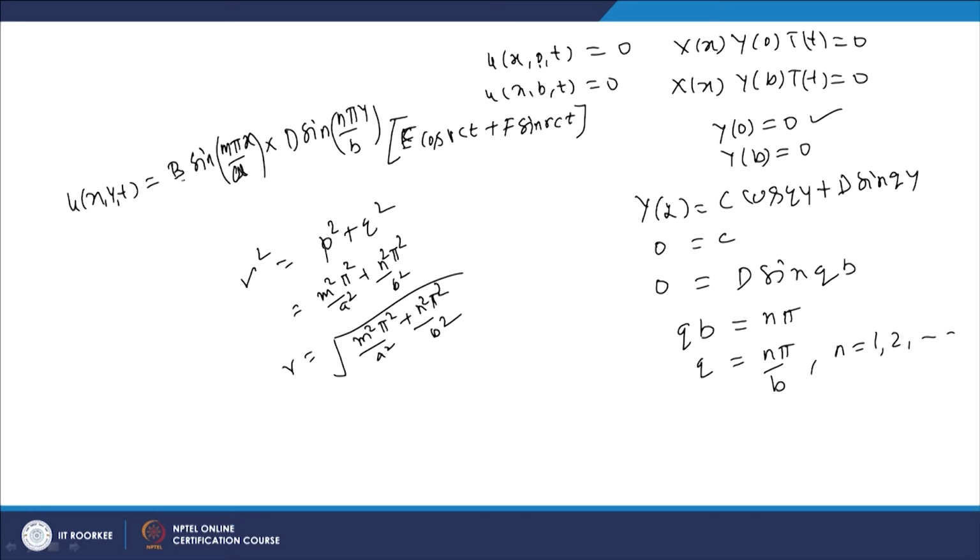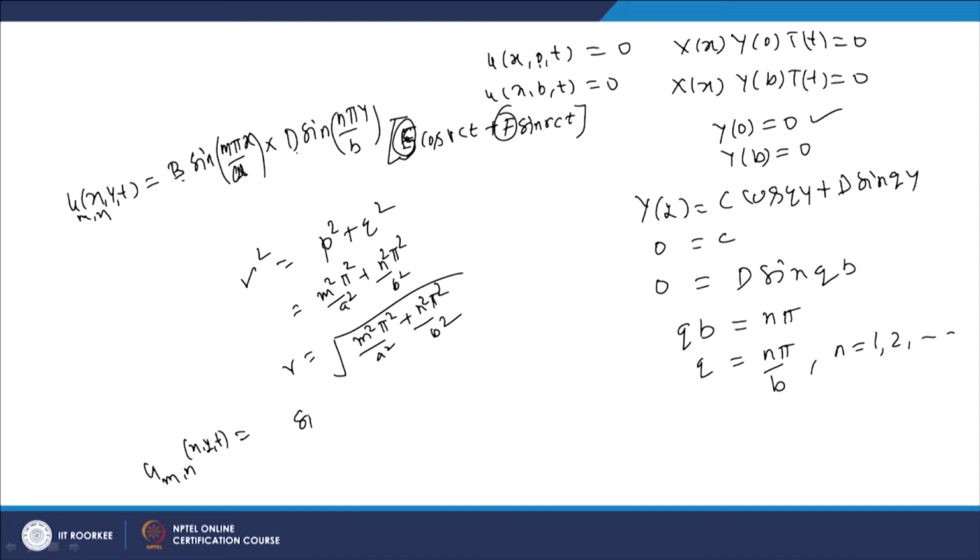Now here this B and D will be merged with E and F, and I can write this for each mn. For each mn we have a solution, so let me write the solution u_mn(x, y, t) as follows.